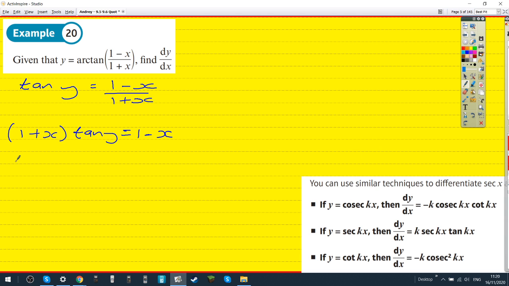So I've now got 1 plus x tan y equals 1 minus x. Should I separate it and do tan y plus x tan y equals 1 minus x? Yep.